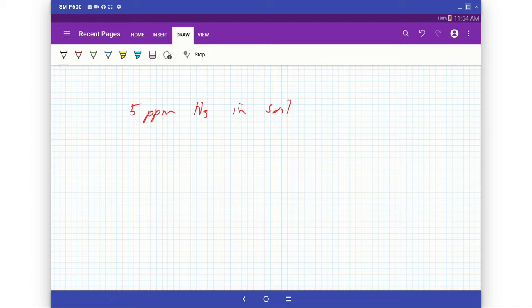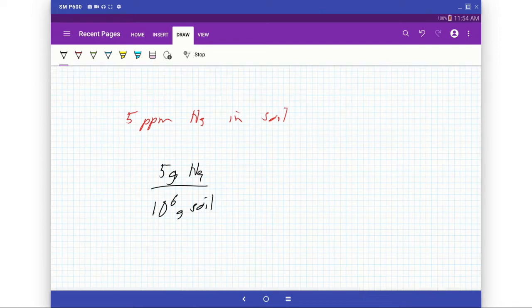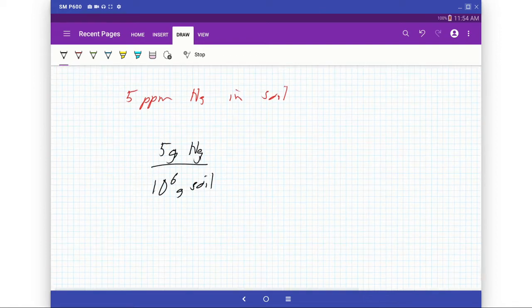Very low concentration stuff is reported in parts per million, billion, trillion, very common. But 5 parts per million of mercury in soil, which by the way is a lot, but we'll just go with that, is much better presented as 5 grams of mercury over 10 to the 6th grams of soil. This allows for direct conversion to moles of mercury, or to volume of soil if you know the density of soil and the like.